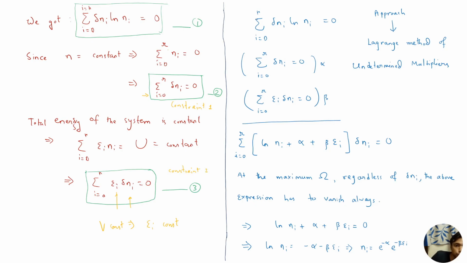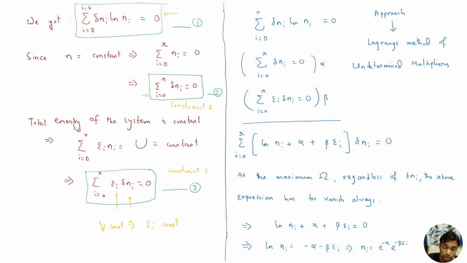We want to maximize this function subject to constraint 1 and constraint 2. These types of maximization problems are usually dealt with by something called Lagrange's method of undetermined multipliers.